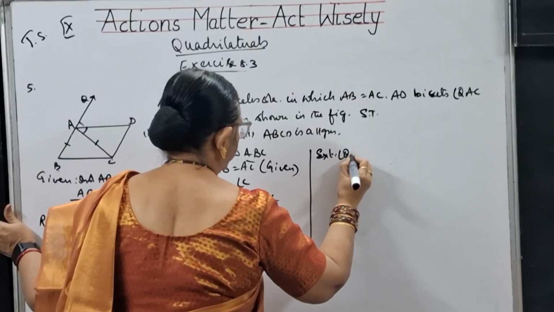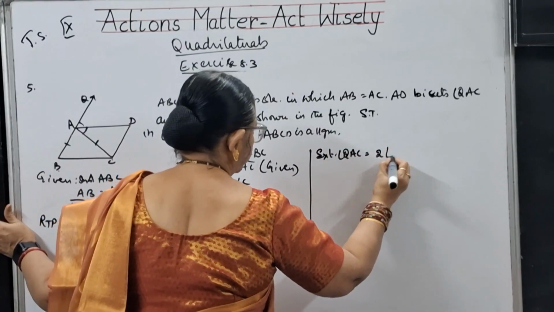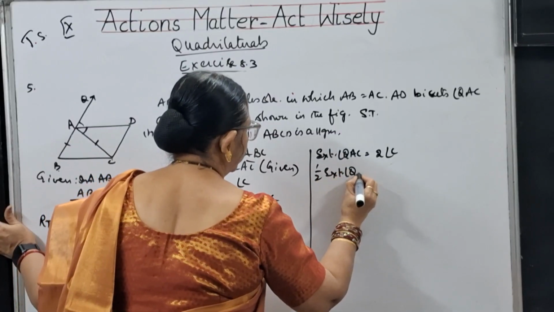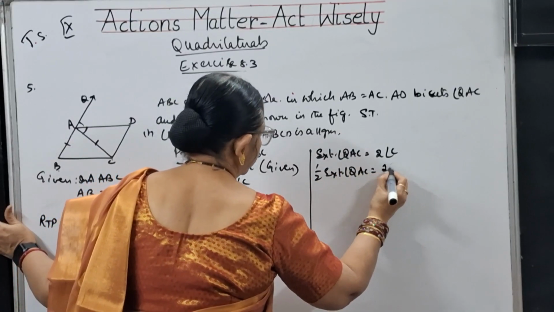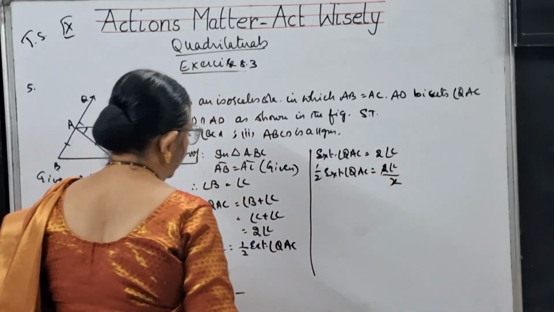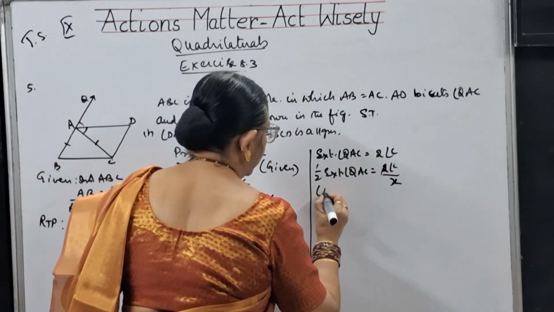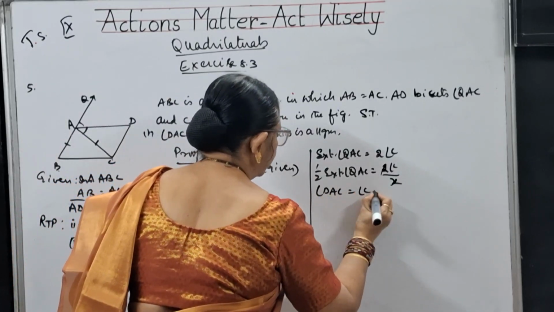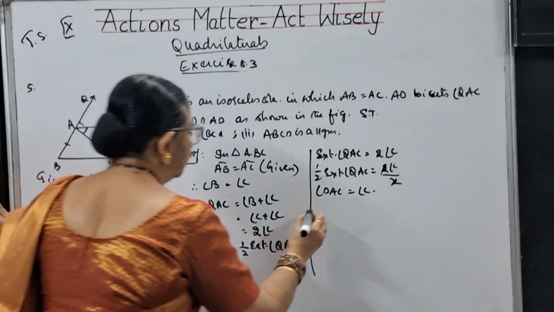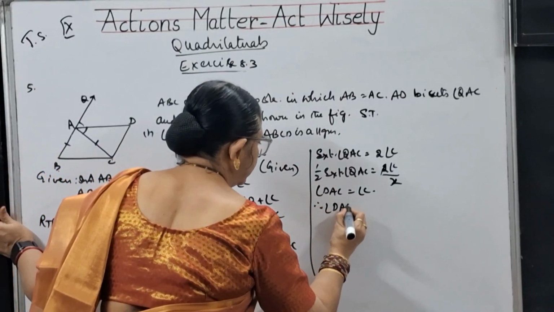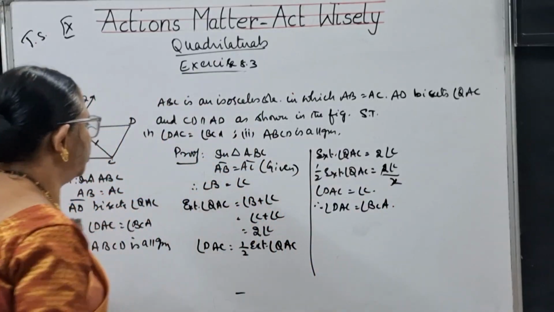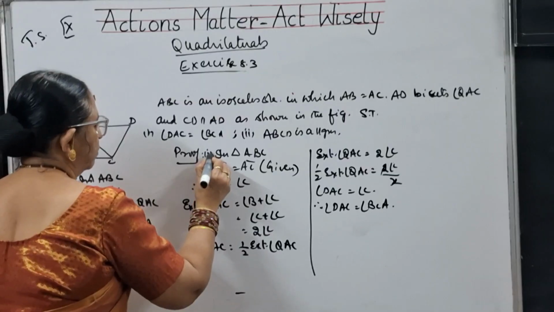Exterior angle QAC is equal to 2 times angle C. So half of exterior angle QAC is equal to 2 angle C by 2. So these two will get cancelled. Half of exterior angle QAC, that is angle DAC, is equal to angle C. Angle C means what, children? Angle BCA. Therefore, angle DAC is equal to angle BCA. This is the first proof we have done, children.